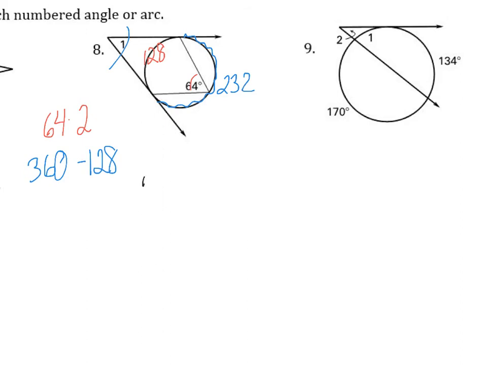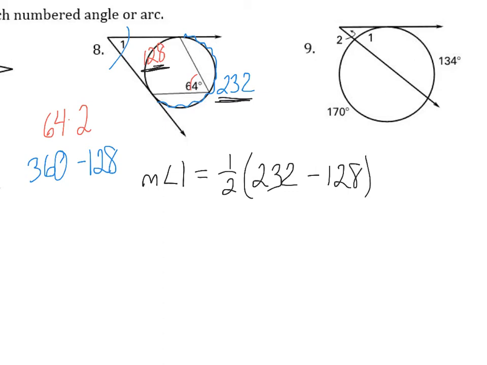Now you can get started on solving for the measure of angle 1. So now I know it's equal to half the difference between the larger arc, the arc on the outside, at 232, minus the inner arc, that 128. So it's going to be equal to half of 104, which gives me 52.